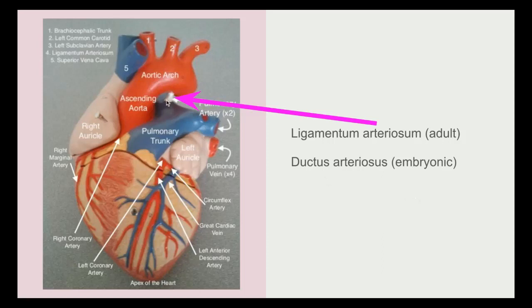So you can have conditions called a patent ductus arteriosus, where this stays open, and it can cause a lot of problems with the shunting of blood and inefficient flow of blood. So just remember that those two are similar, but different based on the life cycle or the point in time of the individual.